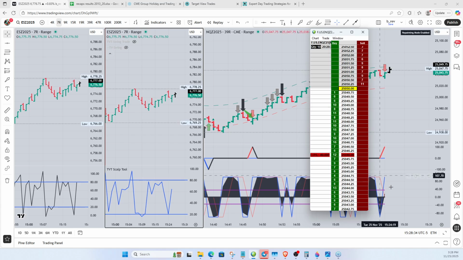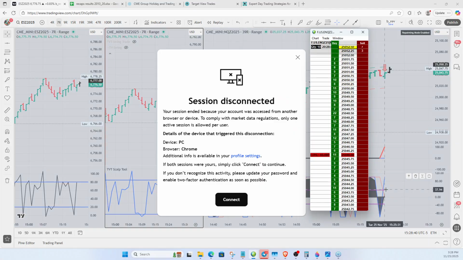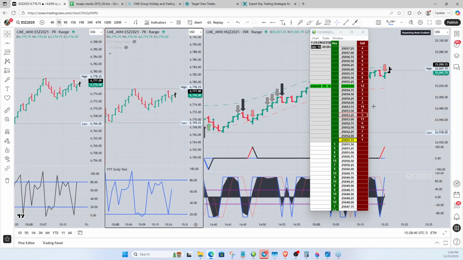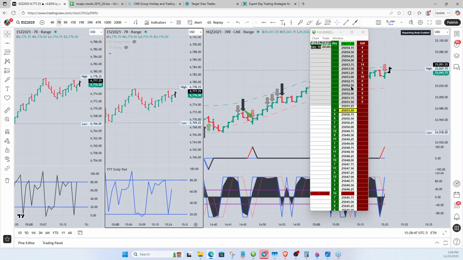Could I go over the diamond on the NQ with the blue on top and the red below? We're about to stop out on this. Oops, and I just disconnected. Let me reconnect.